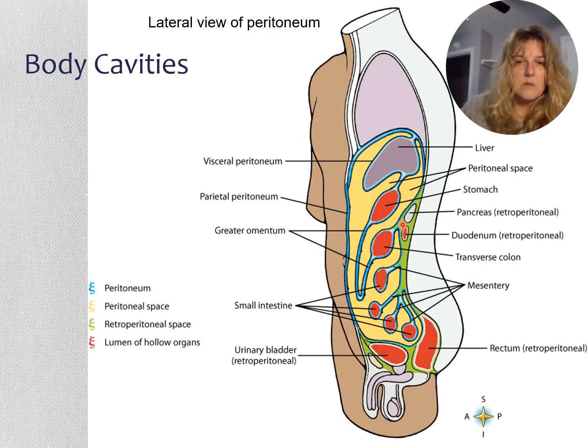It kind of keeps them suspended. And you'll be able to see also that you have your peritoneum and you have a retroperitoneal space. It's everything that lies behind the peritoneum. So those are very important. We will definitely hit those many times over. And you'll need to know which organs lie in the retroperitoneal space.